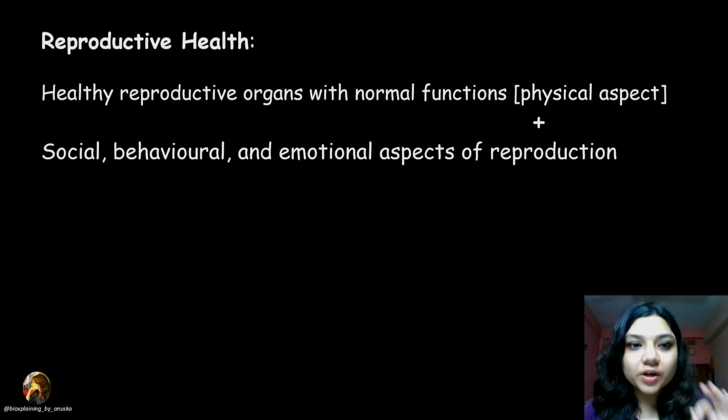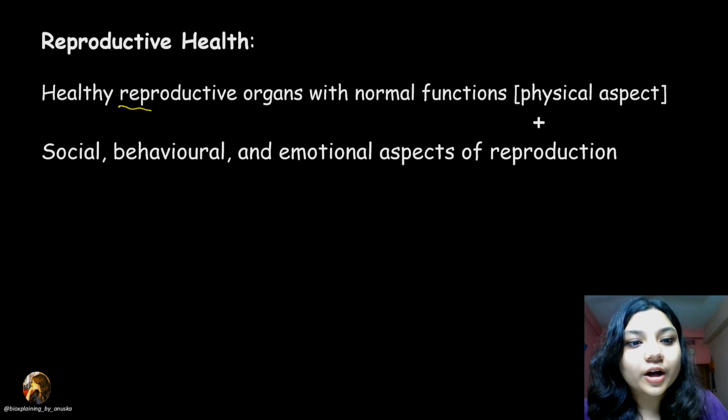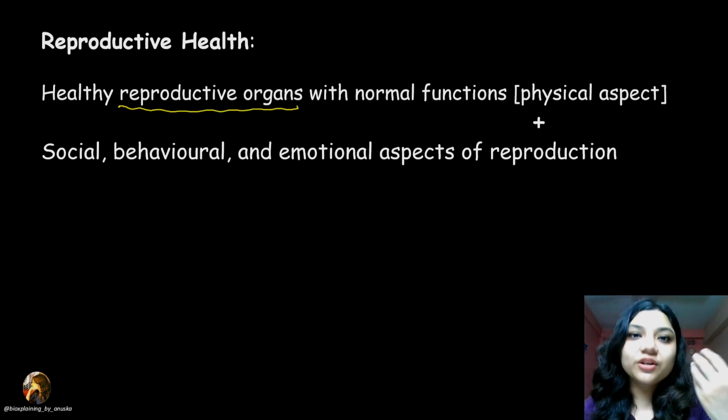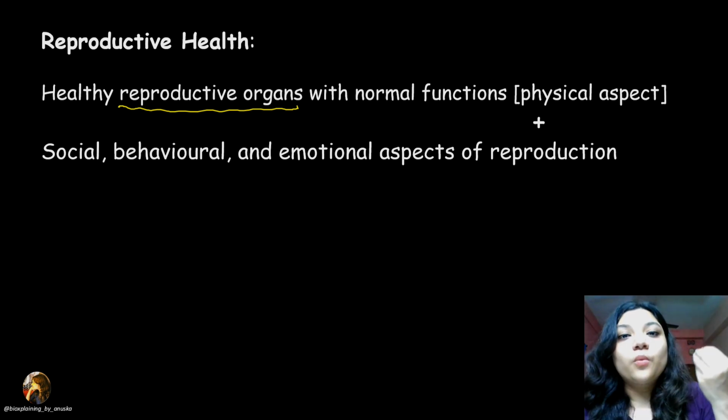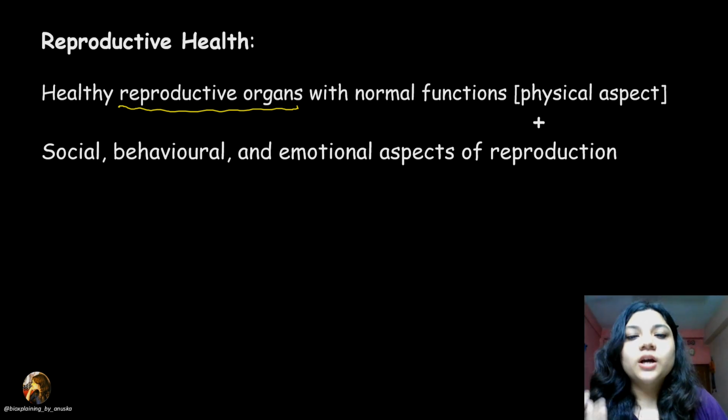Say there's a person who has healthy reproductive organs. If I talk about a female, the person has properly functioning ovaries, producing one egg every month, has good menstrual health, that is, does not have a lot of problems during menstruation, has a regular cycle of menstruation.